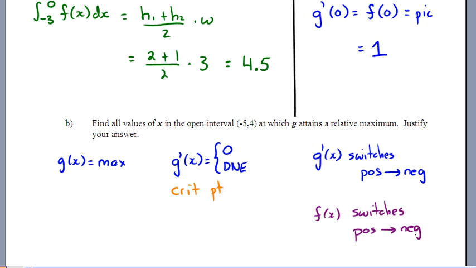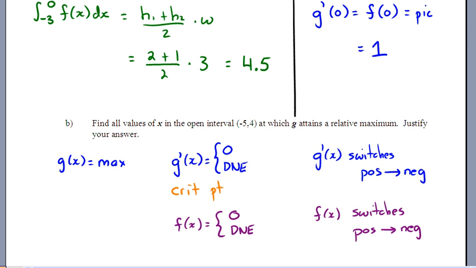And during the time that it's switching, f is going to have to either be 0 or does not exist. So let's see if we can find a spot where that happens.